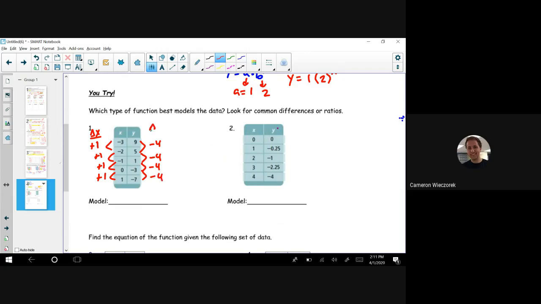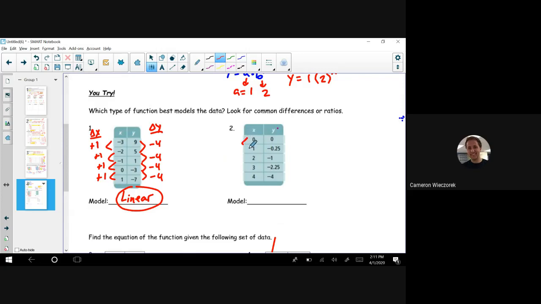So both the change in x and the change in y have addition and subtraction patterns. That means this is a linear model. Same change in y down the entire column, same change in x down the entire column. It did not ask me to write the equation, so we do not need to write the equation for this specific question.